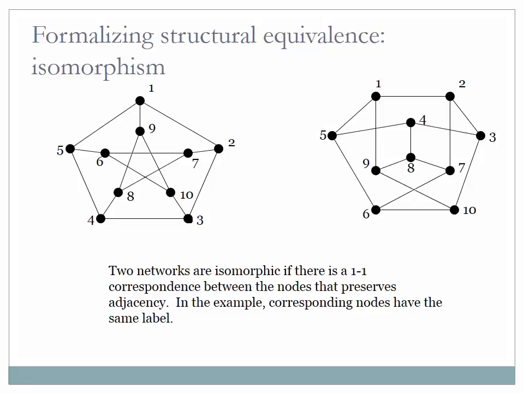So if we find the node labeled 4 in the network on the right, we see that the node labeled 4 is again adjacent to the nodes labeled 5, 8, and 3. We can check this for each and every node and see that the adjacency relationship has been preserved and that these are actually the same network.